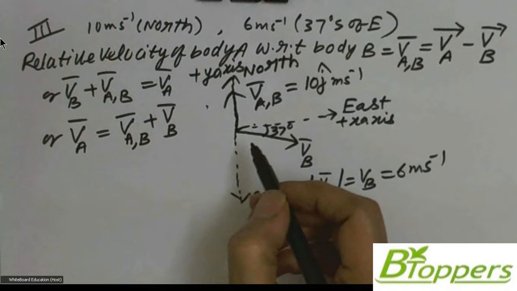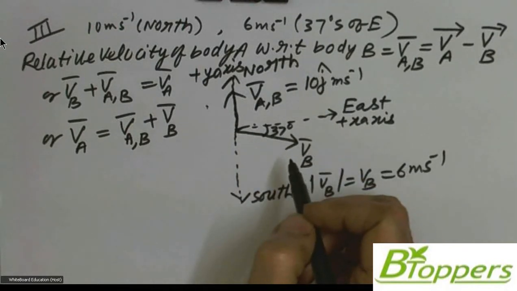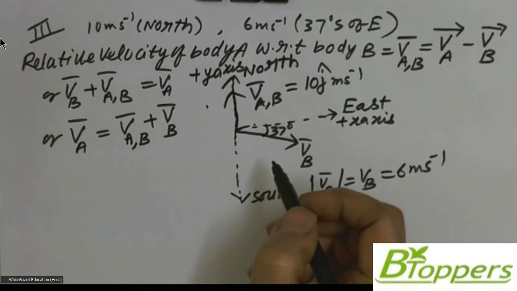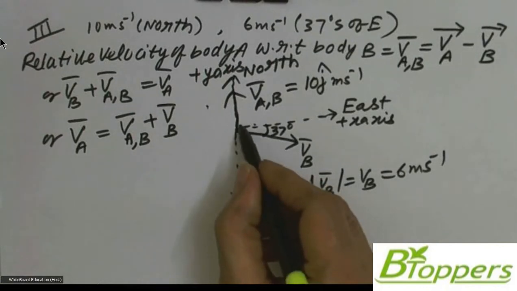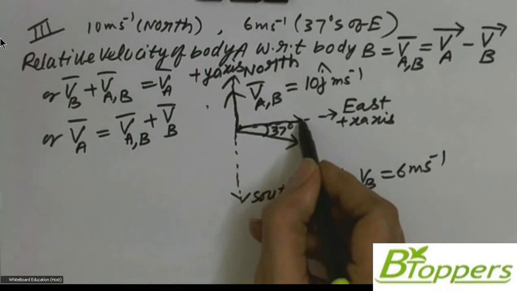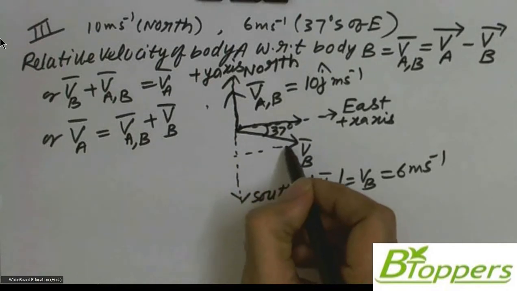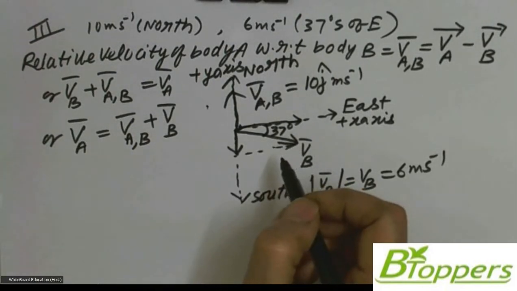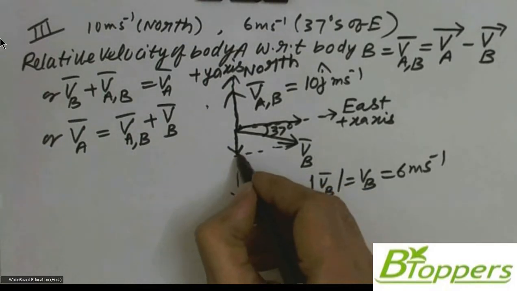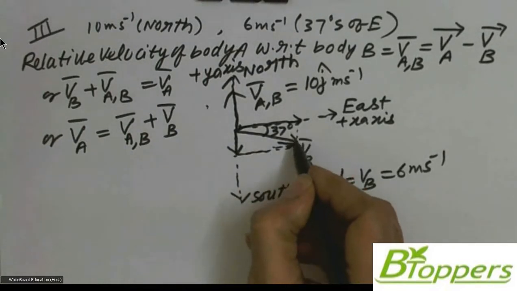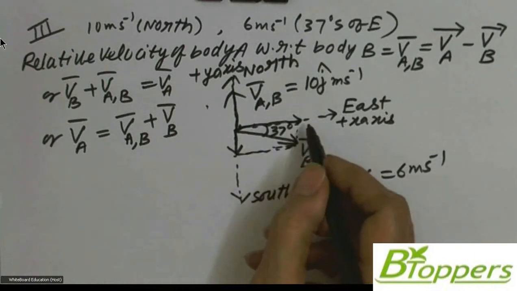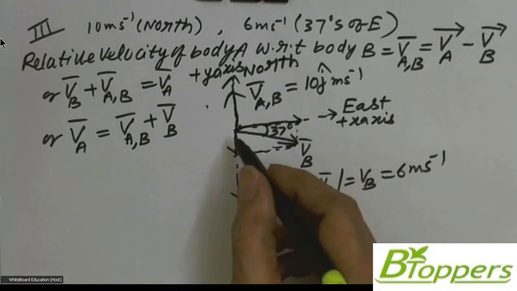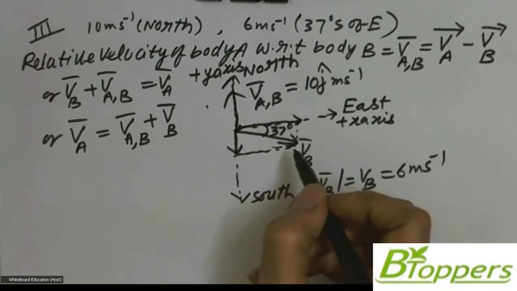So you can resolve the velocity vector VB bar into two rectangular components parallel to x and y axis. Further, you can construct a rectangle with adjacent sides parallel to x and y axis such that VB bar acts along the diagonal of the rectangle.